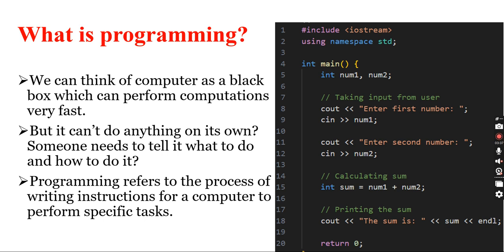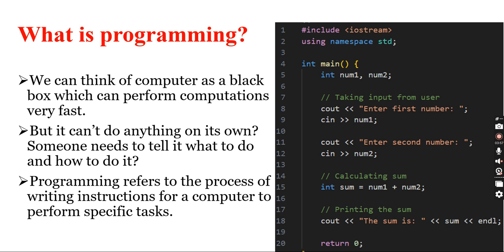The image you are seeing here on the right side is one simple example of C++ code, which tells the computer to take two inputs as two integers, or two numbers, and gives the output, which is the sum of those two numbers, to the user.